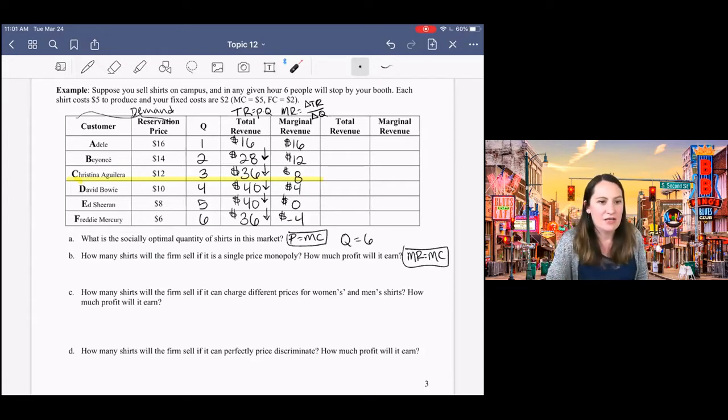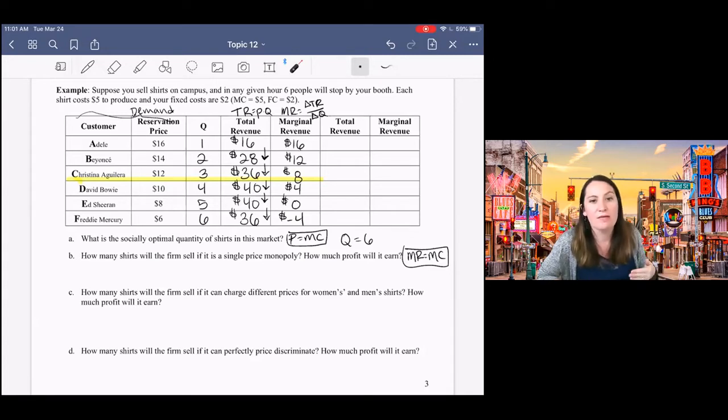But David Bowie is willing to pay $10 for this t-shirt. We can produce the t-shirt for $5, so why can't we make money selling this t-shirt to David Bowie? It's because in order to sell the t-shirt to David Bowie, we have to lower the price to $10, not just for David Bowie, but for all of the customers in this market.